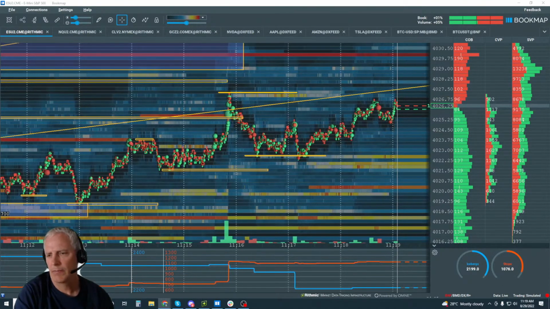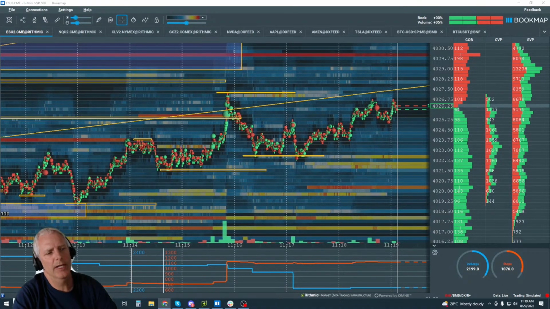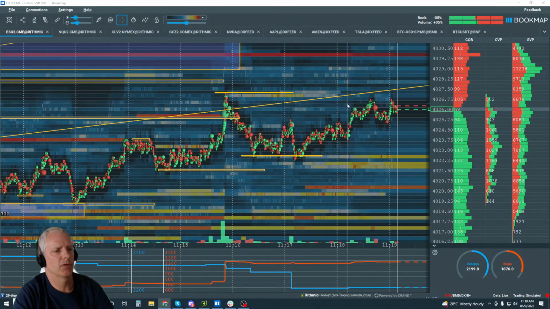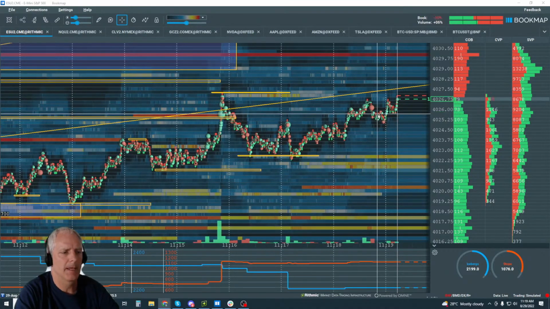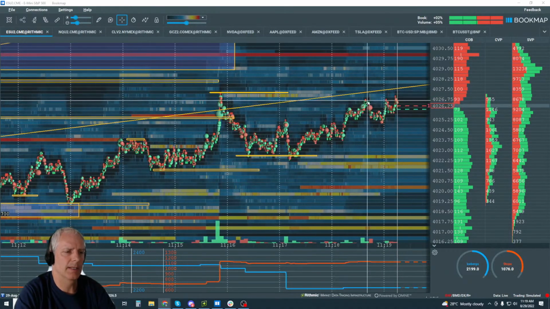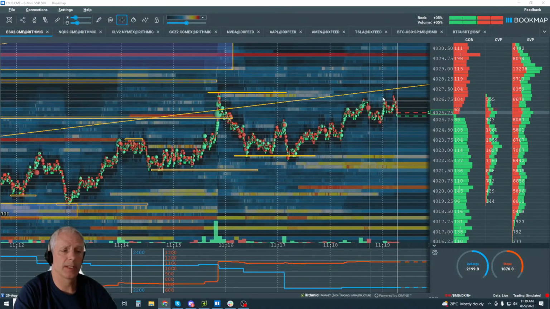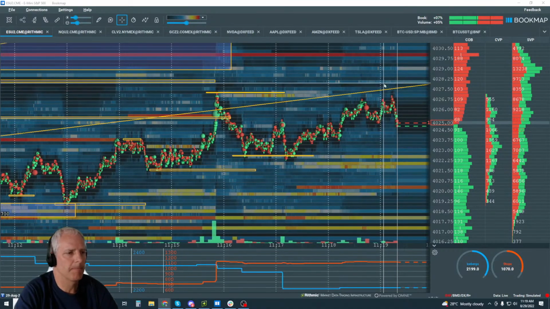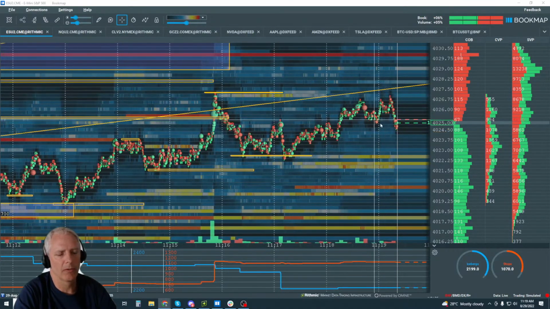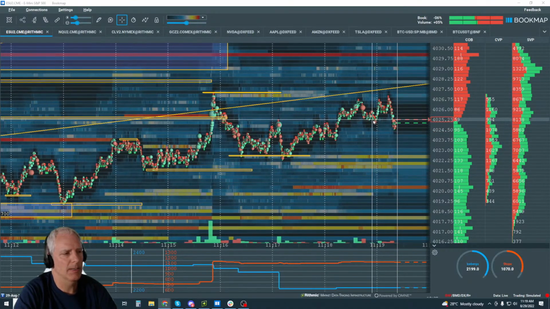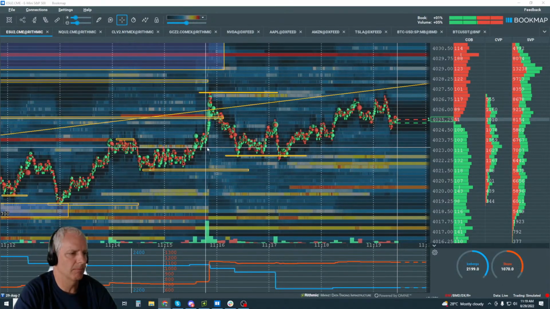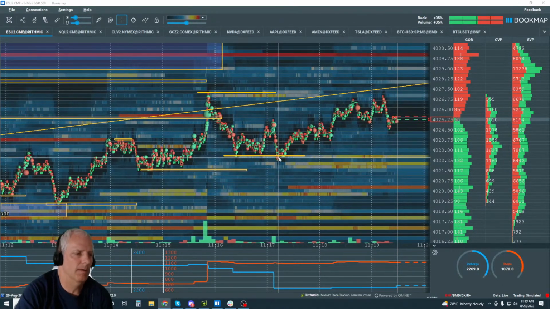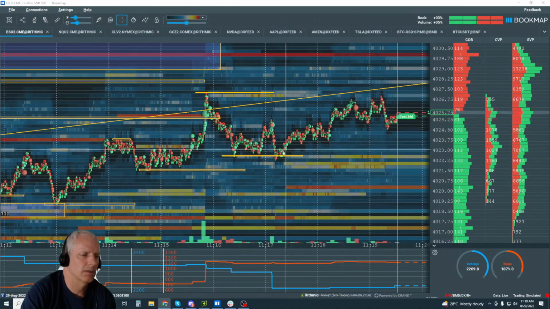Yeah, Dr. Mumu, you can play your market structure until it doesn't make sense. I just don't think it's as high probability because we don't have the order flow to support it in some cases.